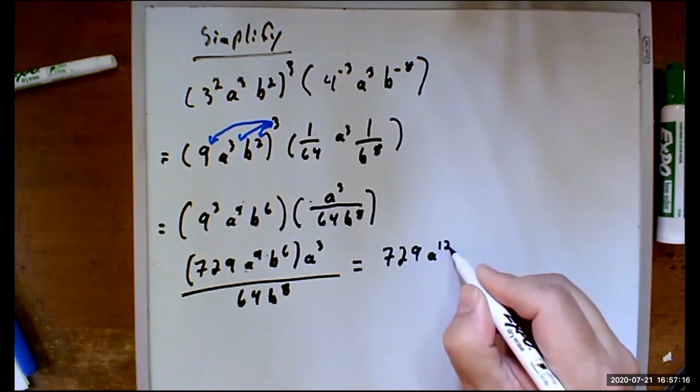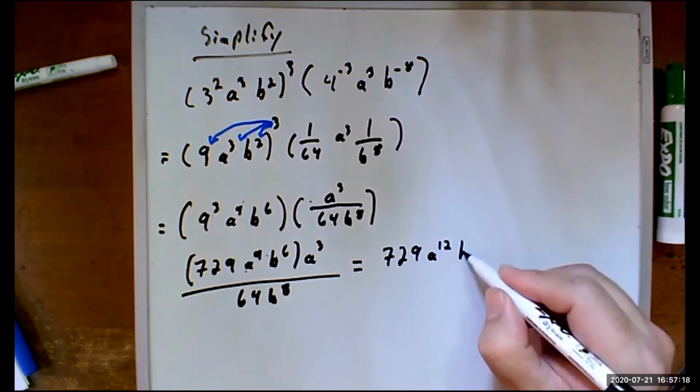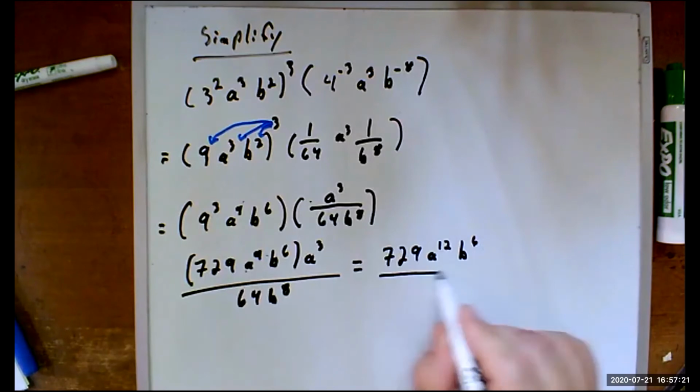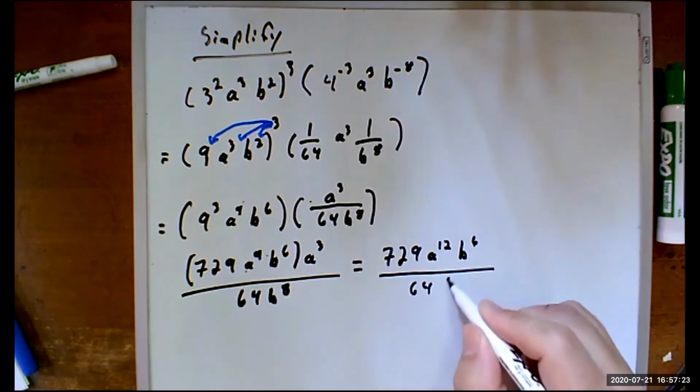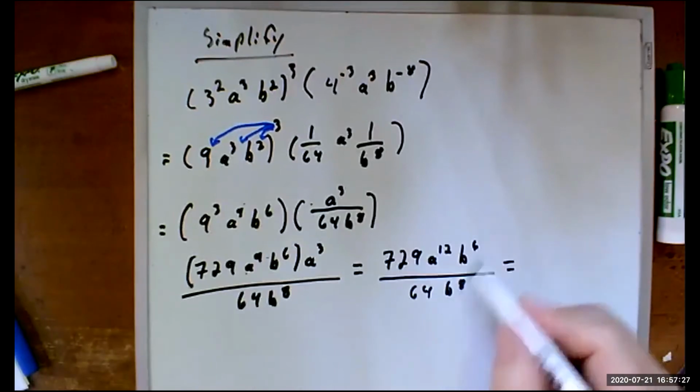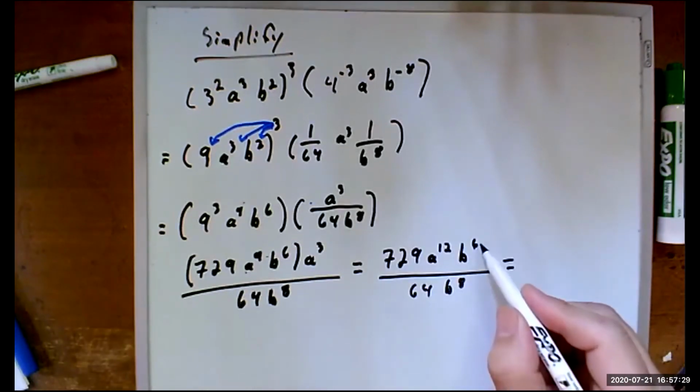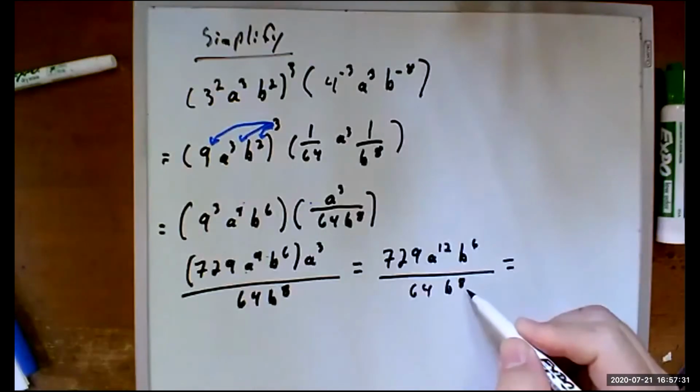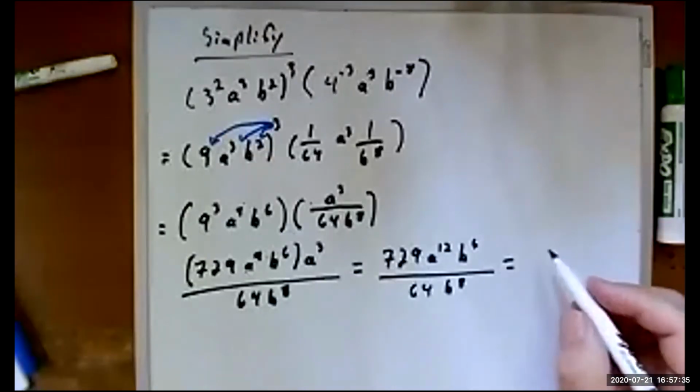The only reason I've done this is so that you can see that I'm going to take my a's, they're the same base, so I can put those together and I end up with 729 a to the 12th, b to the 6th, over 64 b to the 8th.